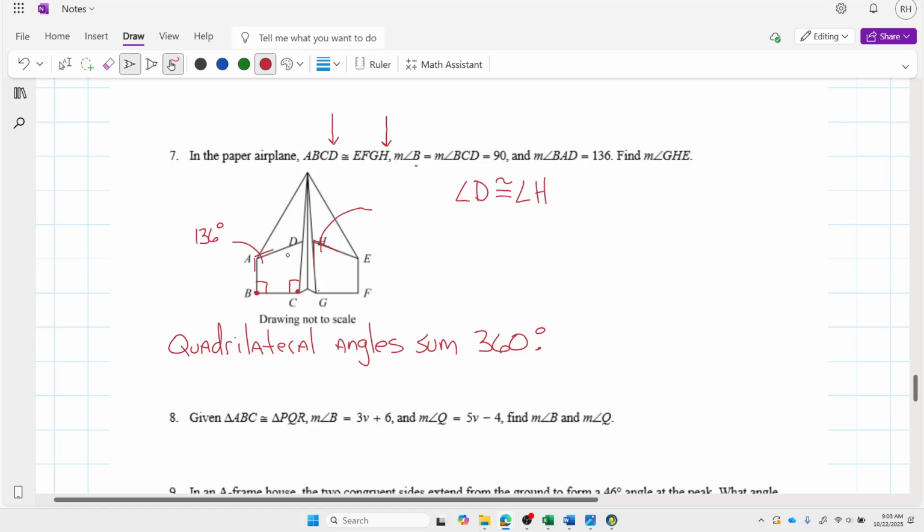So the measure of angle D is going to be equal to 360 minus 136 minus one of the 90s and then minus the other 90.